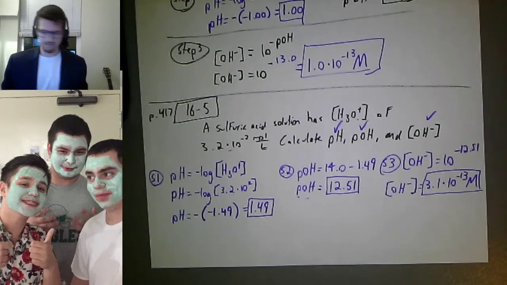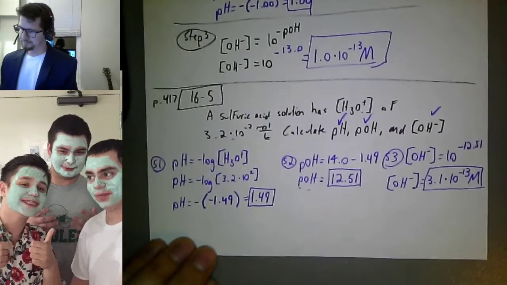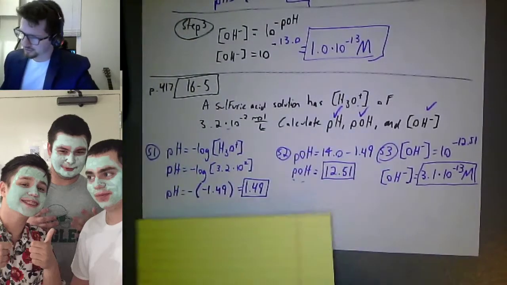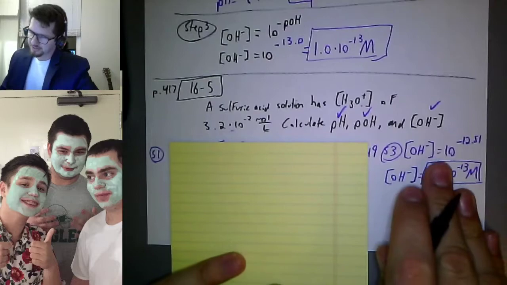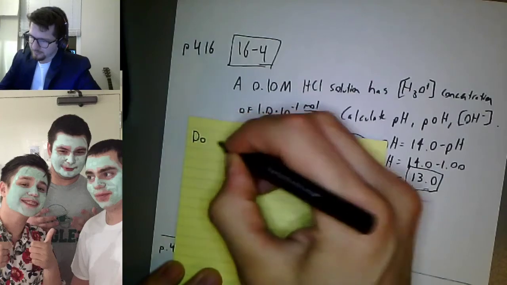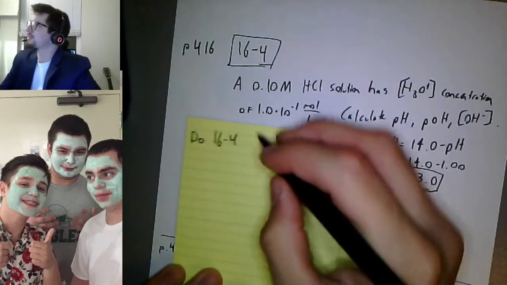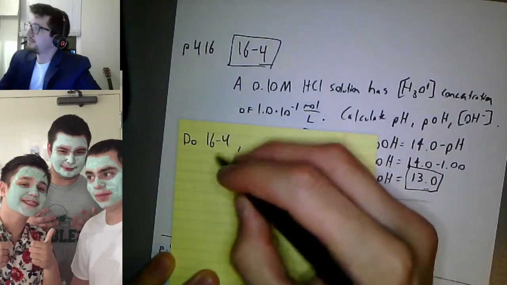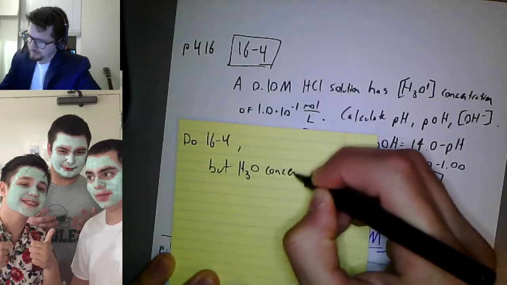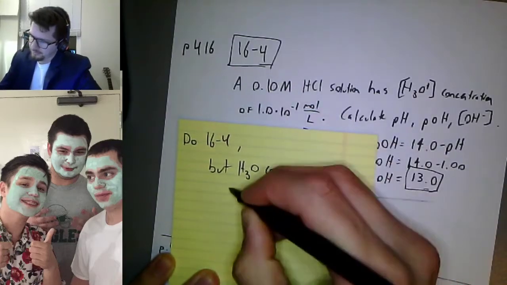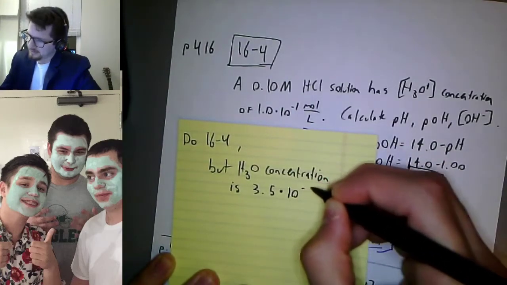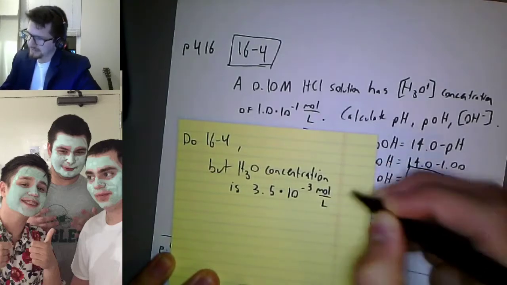So let me give you guys a homework assignment real quick. This is going to be a little unconventional, but what I'd like you guys to do is do the 16-4 problem, but your H3O concentration is 3.5 times 10 to the negative 3 moles per liter instead.